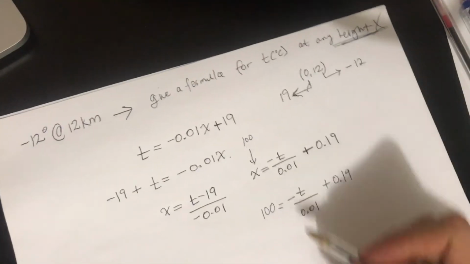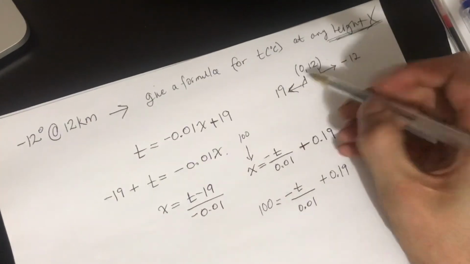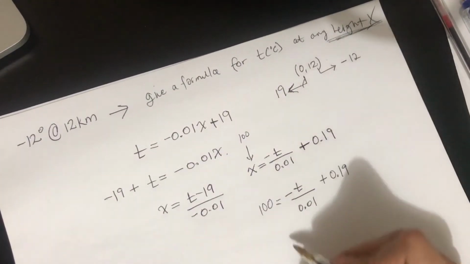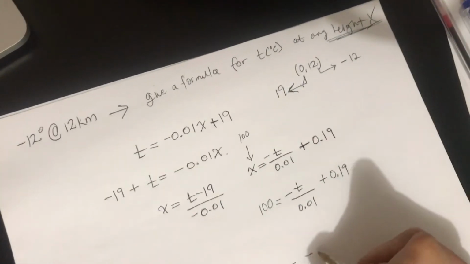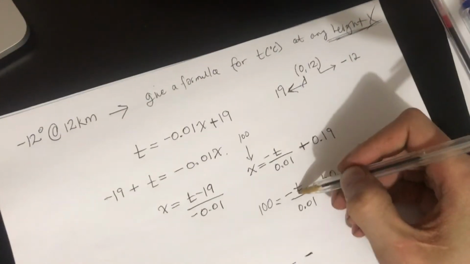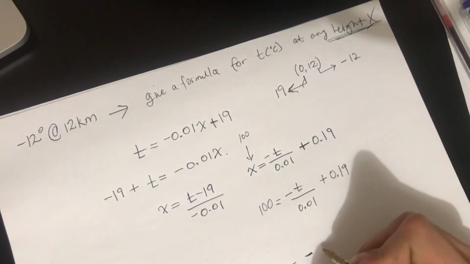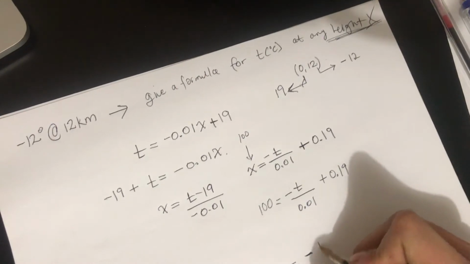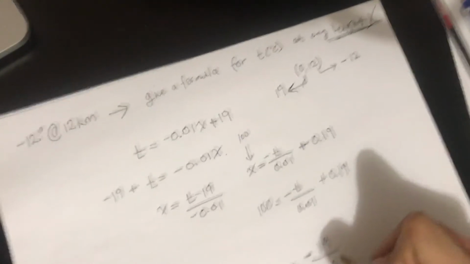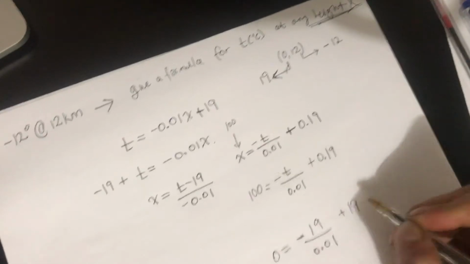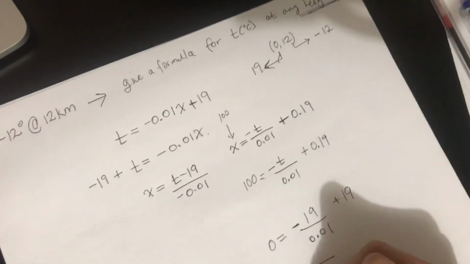If we are at x equals 0, which is the initial condition, my T is 19, so negative 19 plus 19, 0 equals 0.